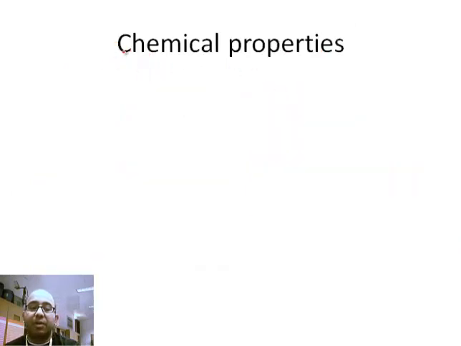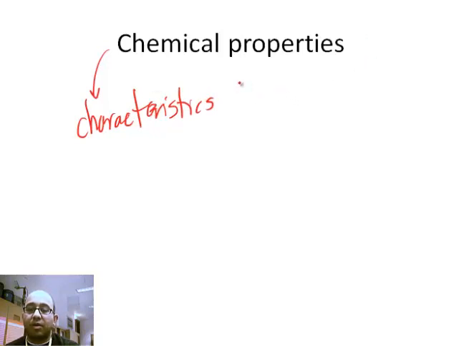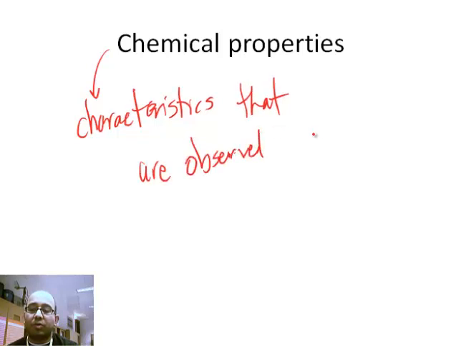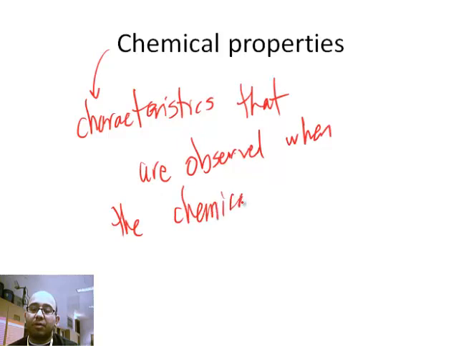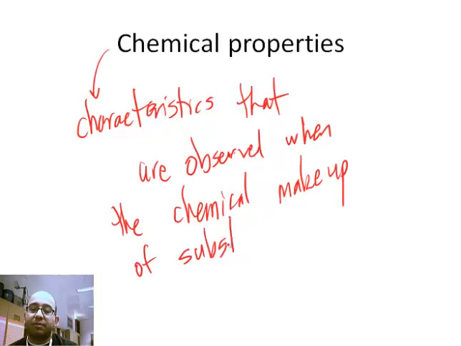And lastly, we should talk about chemical properties. Chemical properties are characteristics of a substance that are observed when the chemical makeup of substances change.